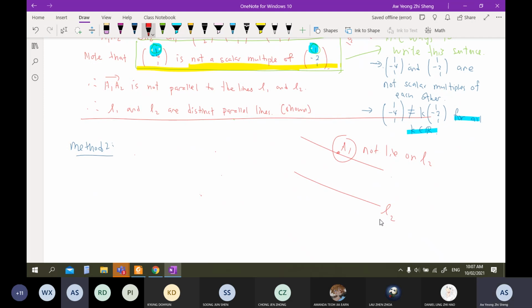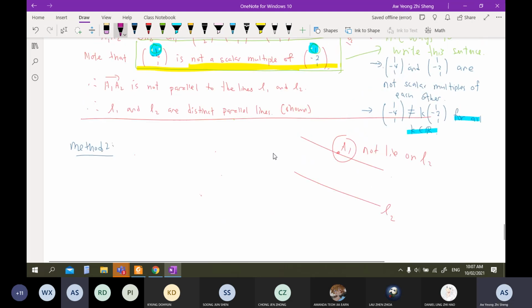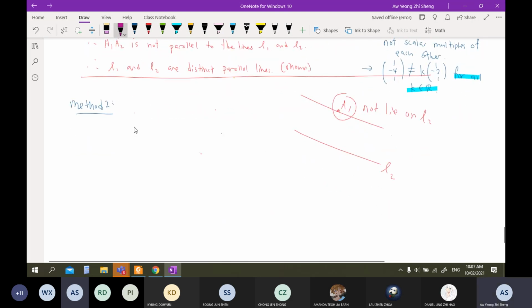To answer Shu's question, for all and for any, they are interchangeable. If you think about it carefully, they mean the same. So under method 2, we'll show that point A1 doesn't lie on L2.